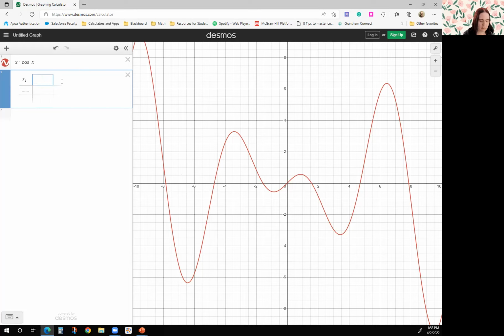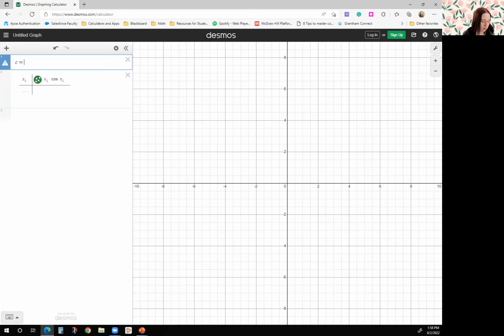I think I can, if I remember how I did this. So I'm using x1. Any input value here for x1, I can put my function value here as my x. And let's say the point we're interested in is pi, so I can just call that C.